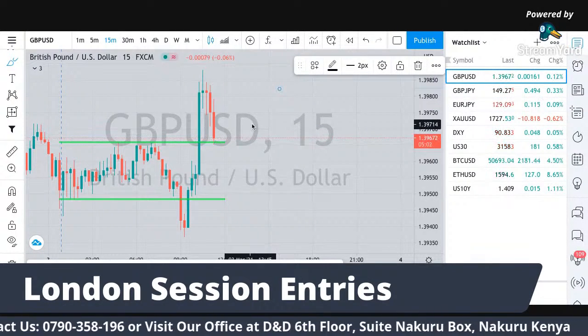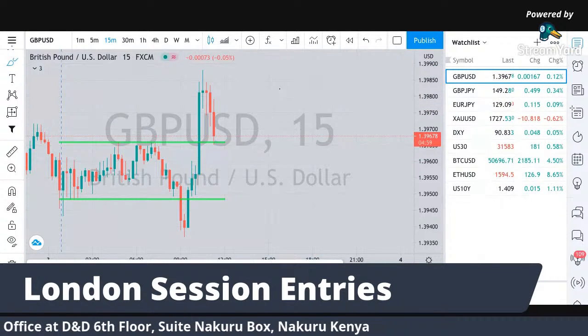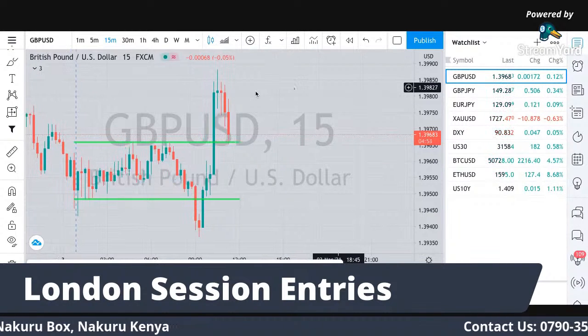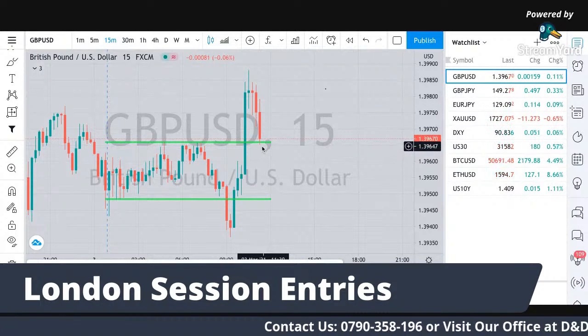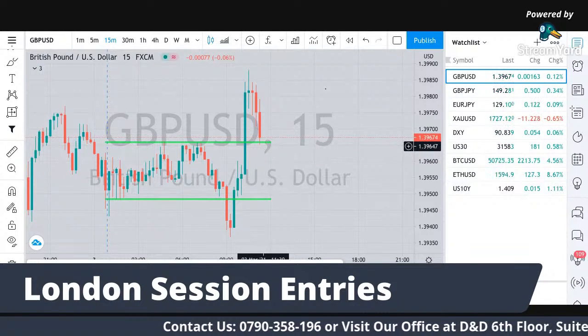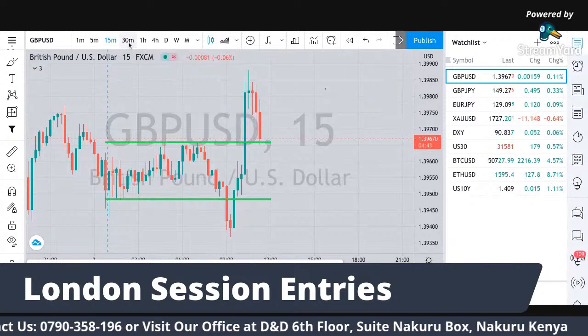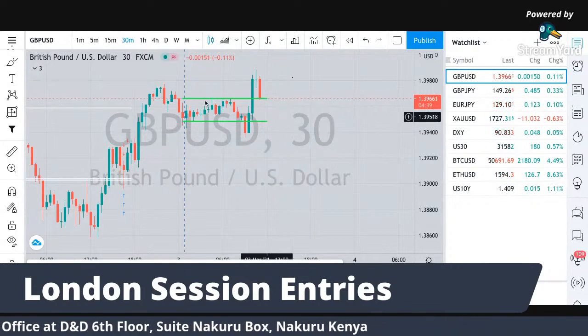Let me see first if I can get a trade on this. I'm thinking of taking Geo. I'm in Geo and GJ, buys. I'll send you my chart view.